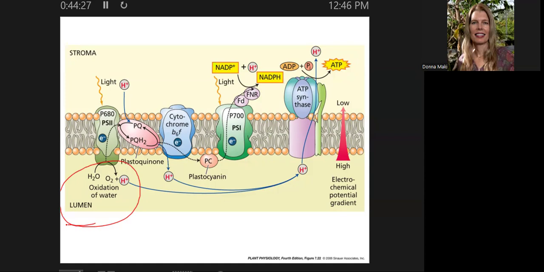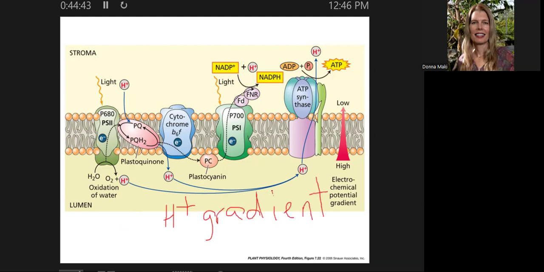That's good because now you start to get protons building up on one side of the membrane compared to the other. And so then once you start seeing that, that's a proton gradient developing across a membrane. And that's great because that sets up potential energy that can be used. And in this case, we see it's actually being used to allow for ADP and phosphate to interact and get you that wonderful ATP.